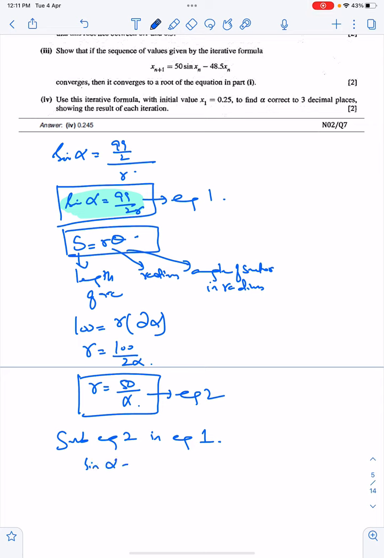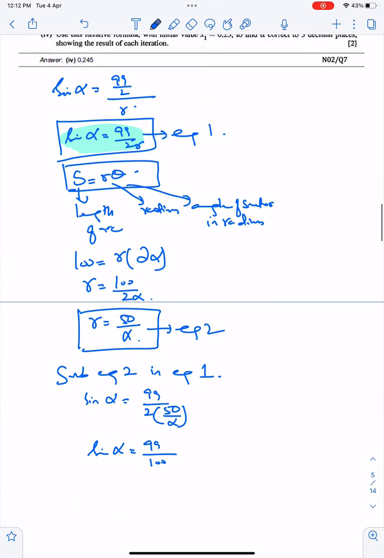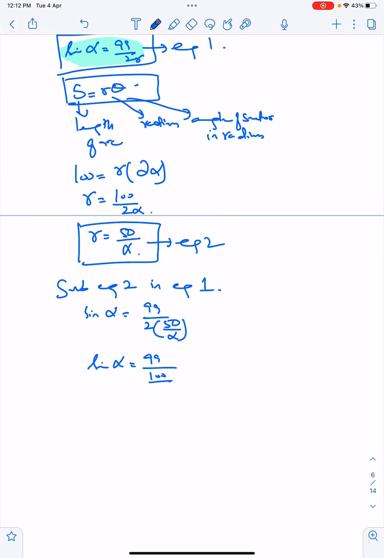Sine of alpha equals 99 upon 2 times r, and r we know is 50 upon alpha. Let's simplify this. Sine of alpha equals 99 divided by 100 upon alpha.